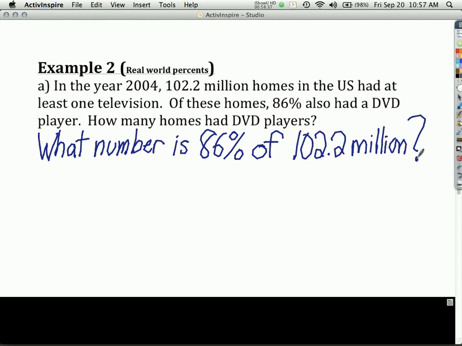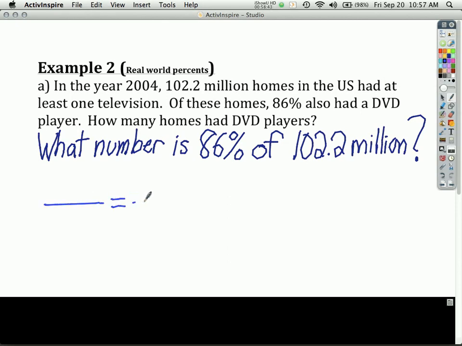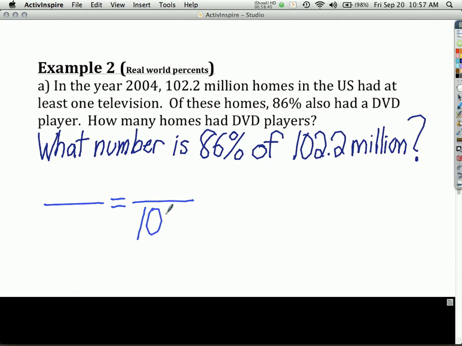From here, now we have our choice of method. We could use the proportion method, which is pretty simple. The 86 goes on top. The 102.2 million. Now, let me go on a little side trip. 102.2 million.